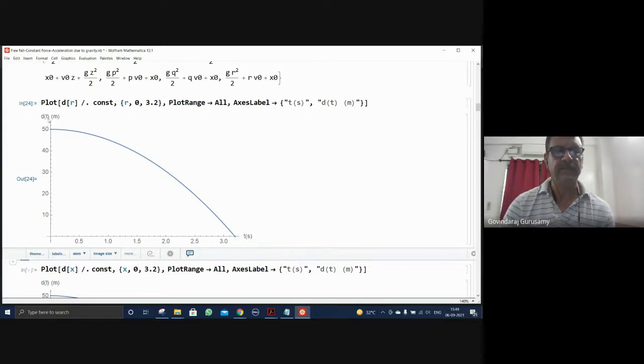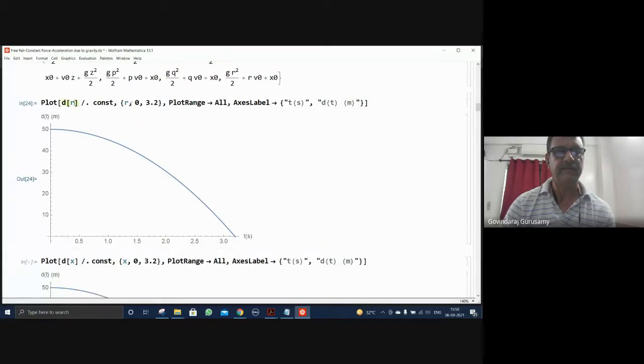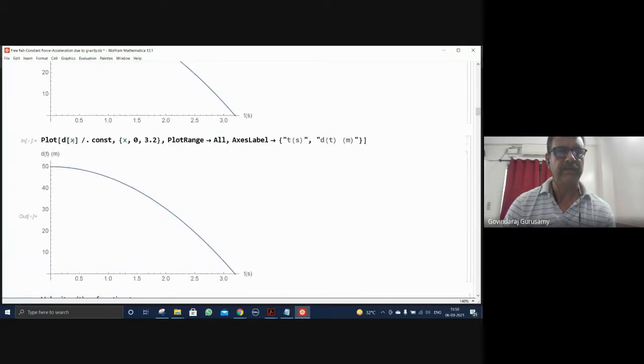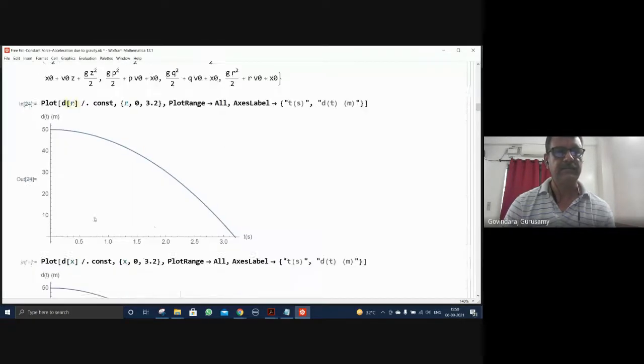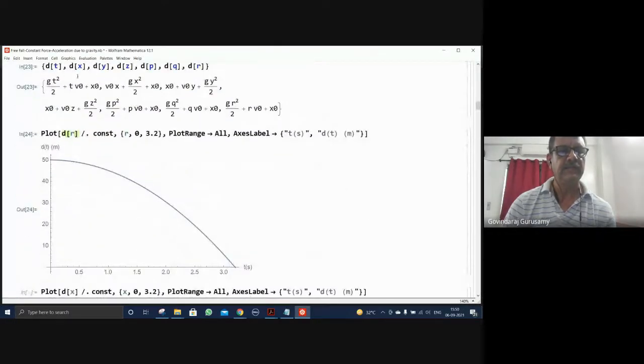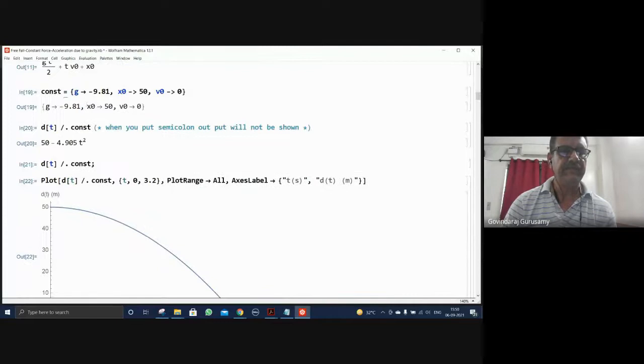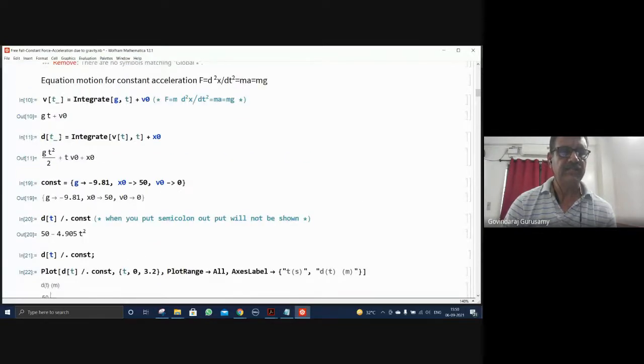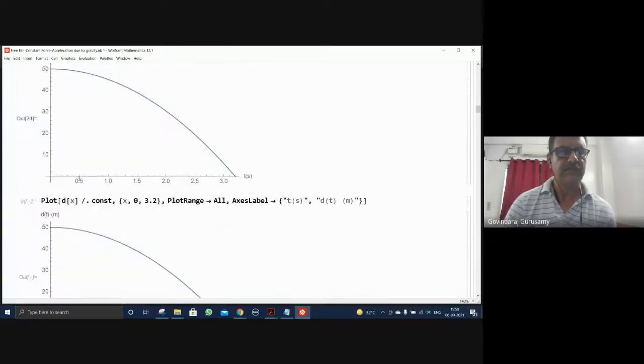You would see the axis labels are retained, and the range is also retained. The only thing is that instead of t, I have made it r. No issue at all. You can make it x, it doesn't matter. You should not get confused that sometimes we use some other variable when it is defined with this underscore distance. With an underscore, there are two options, equal and semicolon equal.